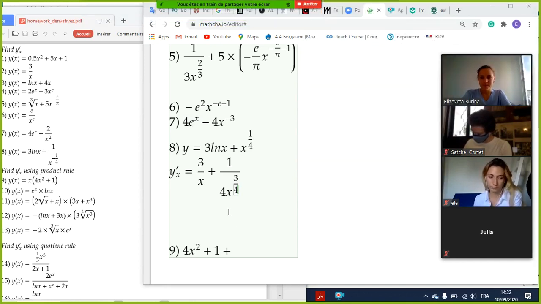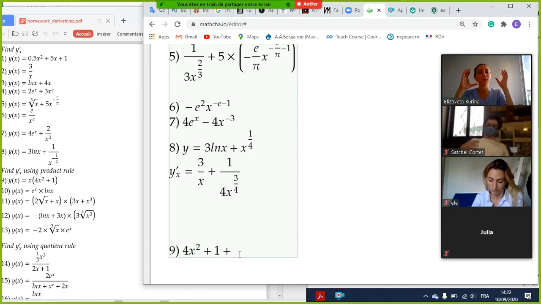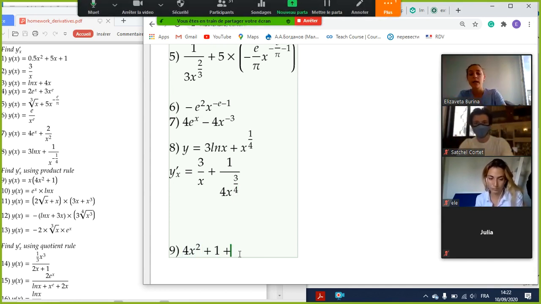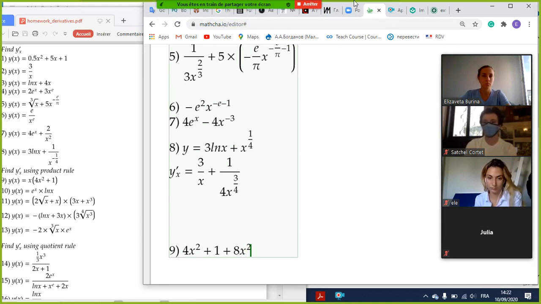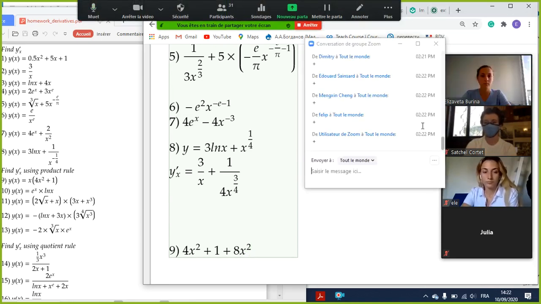So let's move on. The product rule that I started. So that's for the first term, and for the second term we're going to have the derivative of the second part times just the first part, which is x. So it's going to be 8x squared. Okay, is that clear?